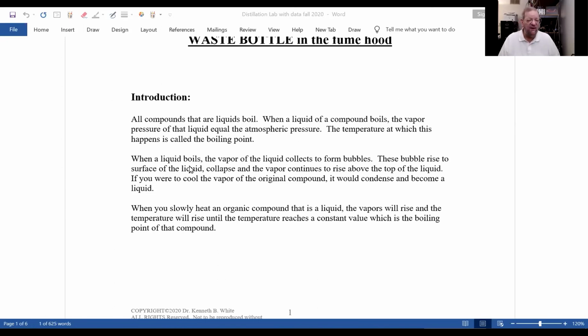When a liquid boils, vapor of the liquid collects to form bubbles. And these bubbles rise to the surface of the liquid, collapse, and the vapor continues to rise to the top of the liquid. If you were to cool that vapor, it would become a liquid again. We call that it condenses.